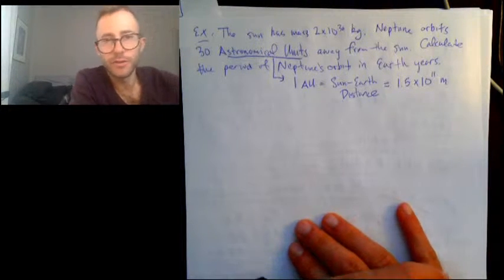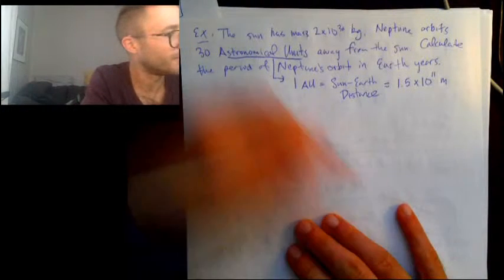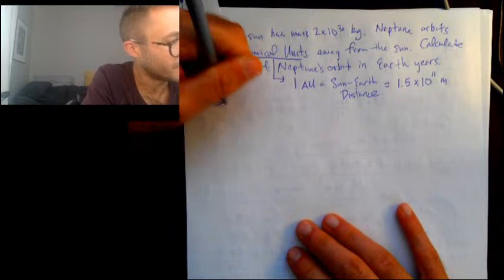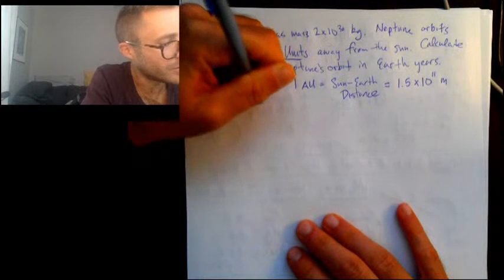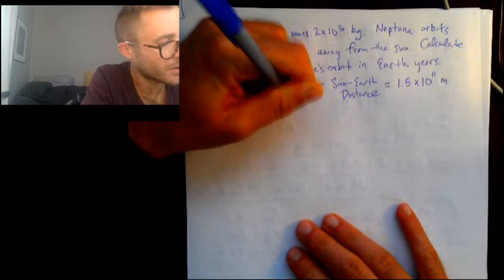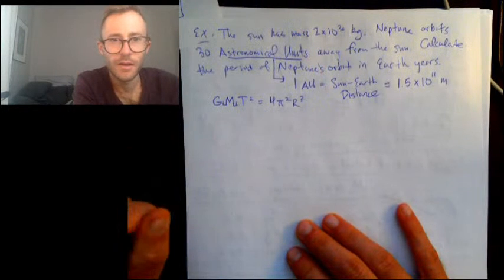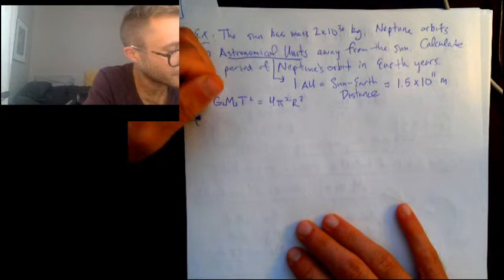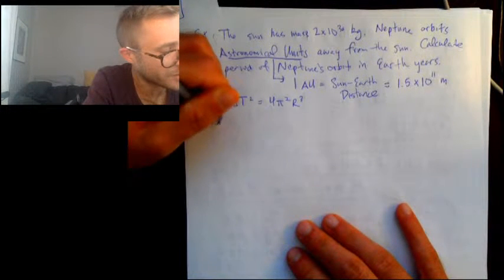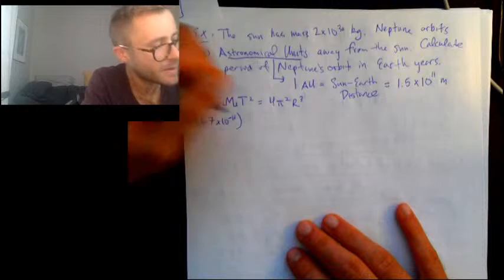So we're going to use Kepler's third law: G M T squared equals 4 pi squared r cubed. Okay? Let's plug in numbers. G is 6.7 times 10 to the negative 11.